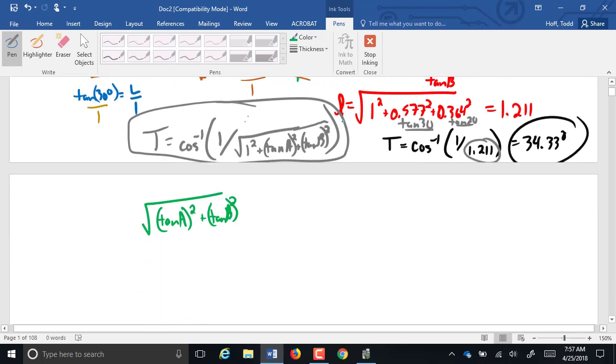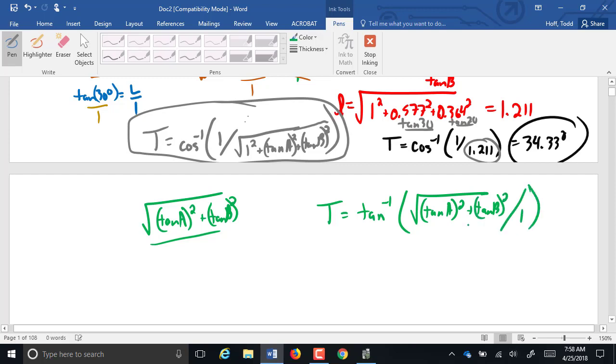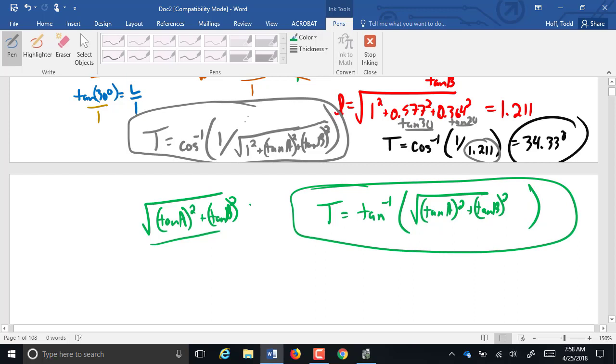And then it does an inverse tangent to find T. It's an inverse tangent of that over 1. Well, we don't need to divide by 1, right? So we take that out. The adjacent side is the 1. So that's what the book uses to find T.